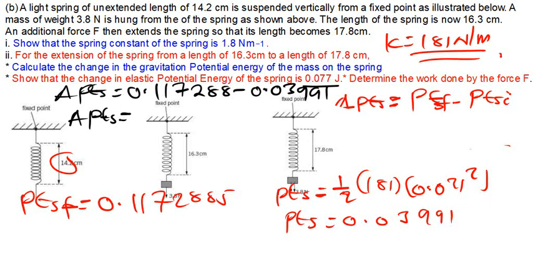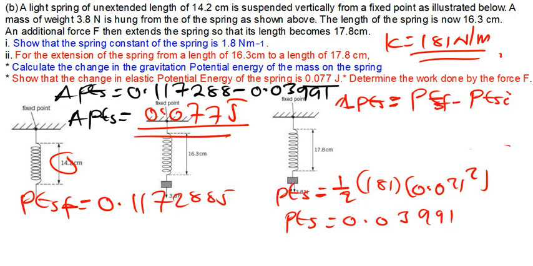I'm getting my answer to be 0.0773. But since our answer is in just 3 decimal places, I'll leave it there. So we can clearly see that the change in elastic potential energy is indeed 0.077 joules, and that's the answer we have just come up with here.